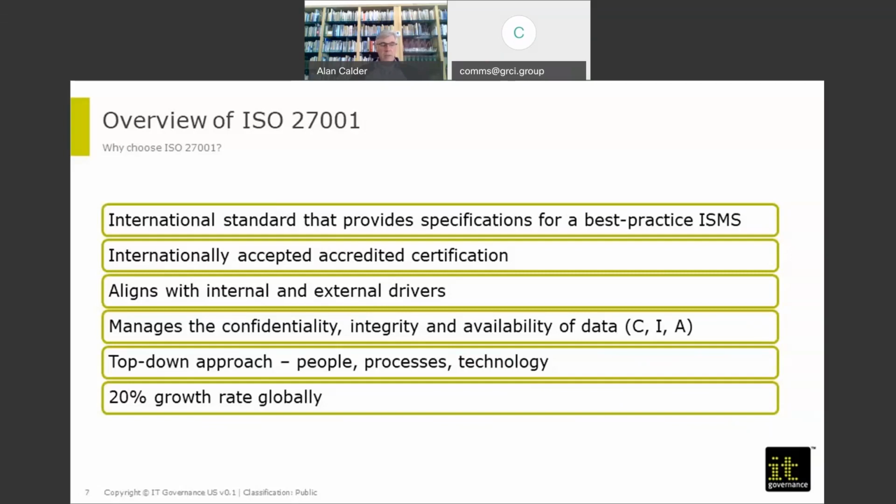The standard is, in terms of uptake, running typically at between 15 and 25% increase year on year in the number of organizations who are adopting the standard. And as I said, the fact that the standard is internationally recognized and certifications are internationally recognized means that more and more organizations look to ISO 27001 rather than a national standard as something which is capable of giving them both national and international exposure.